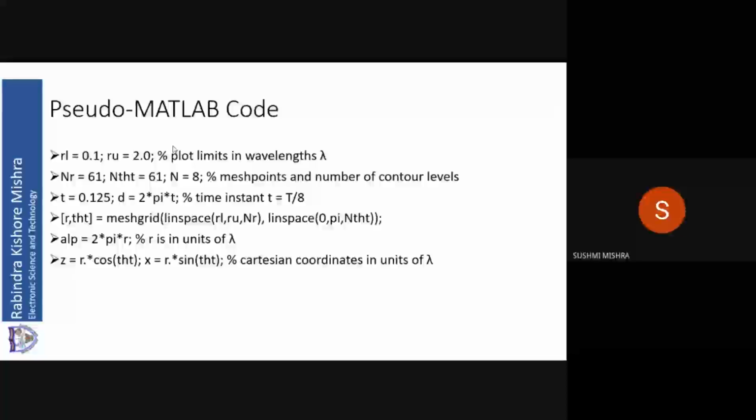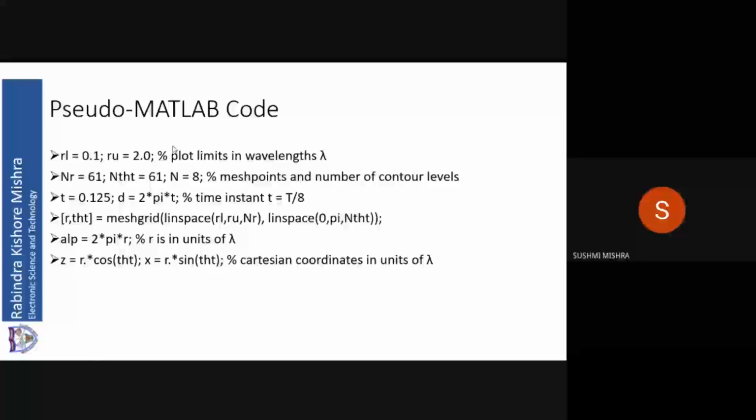Then we define Z. Z is equal to R cos theta, X is equal to R sin theta. These are the transformation from polar coordinate system to Cartesian coordinate system.